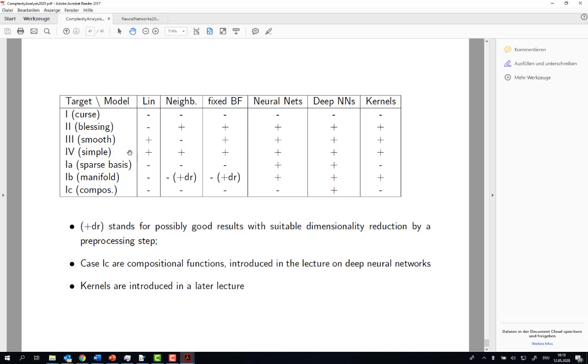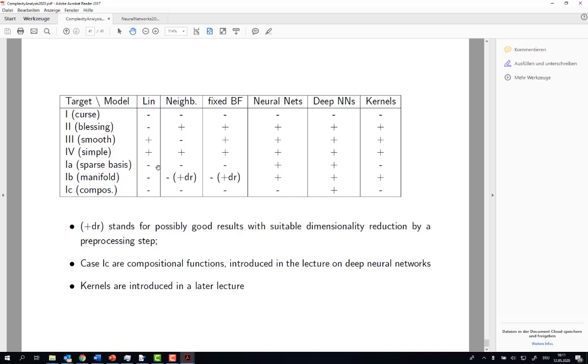Small dimensions, large smoothness. And now we talked about this, the sparse basis, which the neural networks can find. So we are now talking about high dimension, high complexity, but sparse basis. So the complexity is limited in some sense.